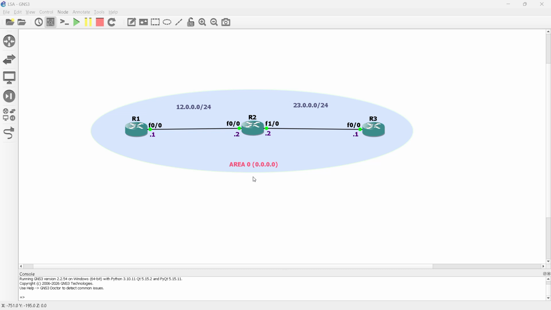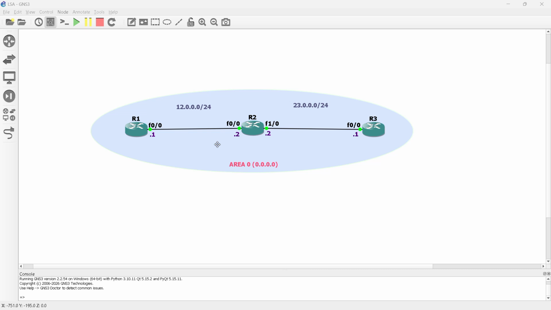Now, here we will understand two concepts. The very first that we already know is that LSA is being generated per network. This is what we saw in the previous one.